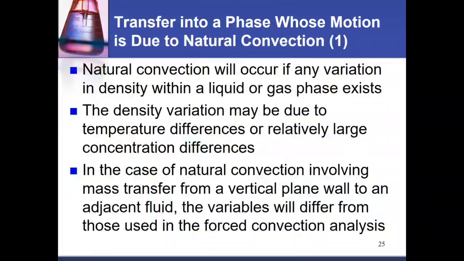So, for example, if the air near the surface of Earth gets warmer, it will be less dense, so its density will decrease, and the layer of air above it will be at higher density because it's colder. So there will be exchange. The colder one will go down and the hotter one will go up.